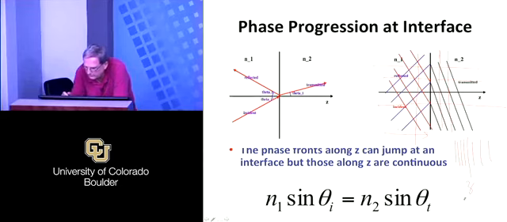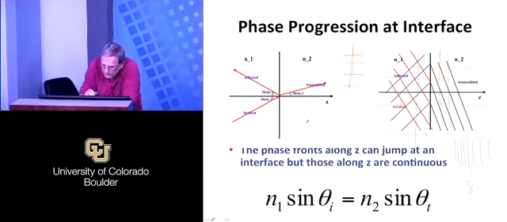But the ones that are coming along x, if we think about them, those phase fronts extend on both sides of the interface. So the phases of all the waves have to be progressing at the same rate.